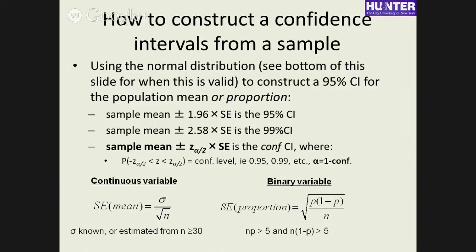So it's pretty formulaic how to calculate a confidence interval. Here are your instructions. Just take the sample mean plus or minus some factor times the standard error. And these are the cases if we know the population standard deviation.